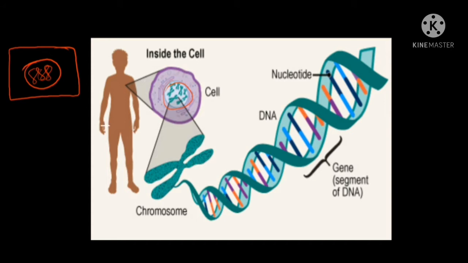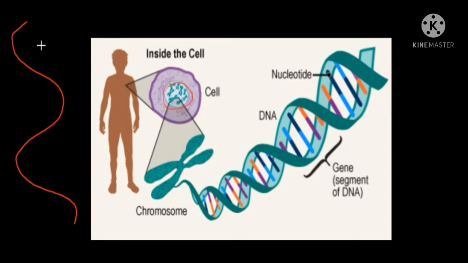Now we will see how this chromosome is different from DNA and gene. We know that a DNA is a double helical structure. We should also notice that this helix is longer than the other helix. The average length of a DNA is around 2 meters.